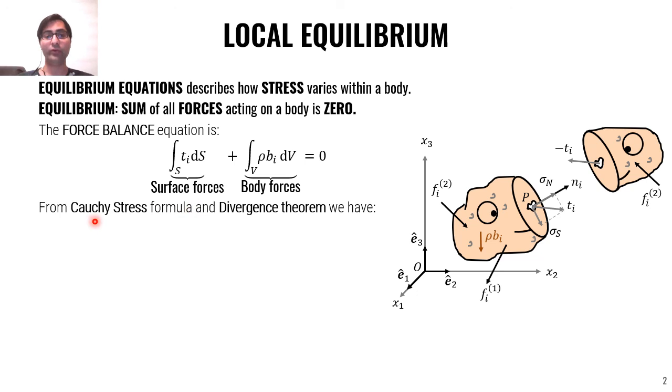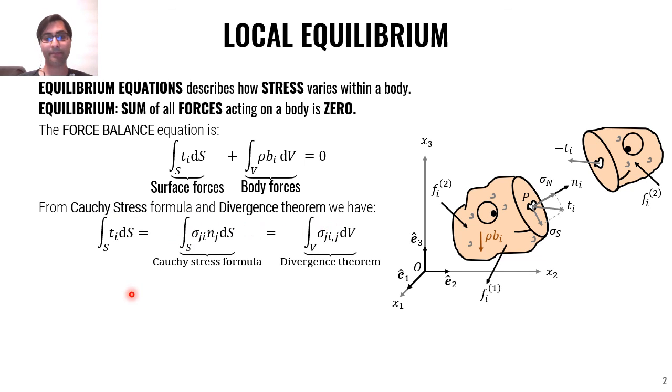For the surface forces, we can use Cauchy's stress formula and divergence theorem to get integral of Ti ds equal to sigma ji nj ds integrated over S. That's Cauchy's stress formula.